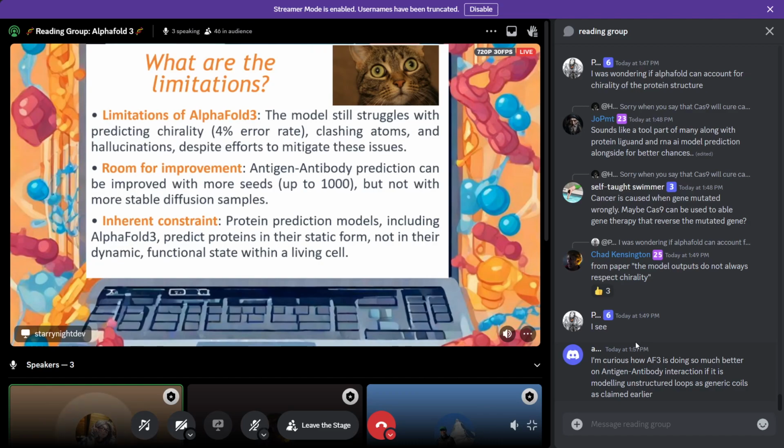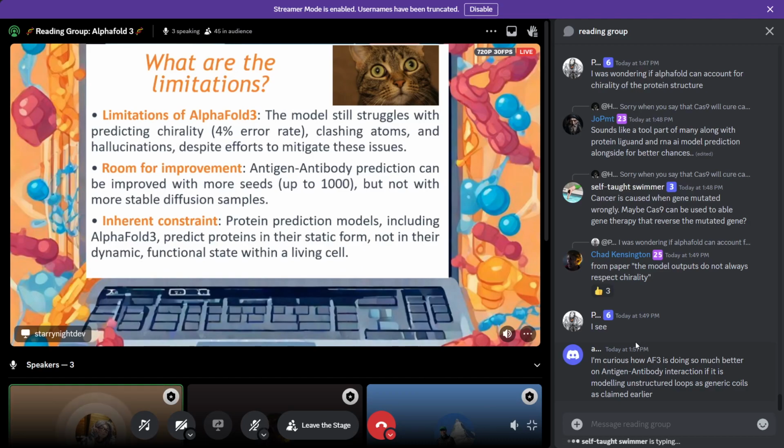But we also have some other internal constraints which are internal to every protein folding model, because every protein folding model that we invented up to now is able to predict only static proteins.